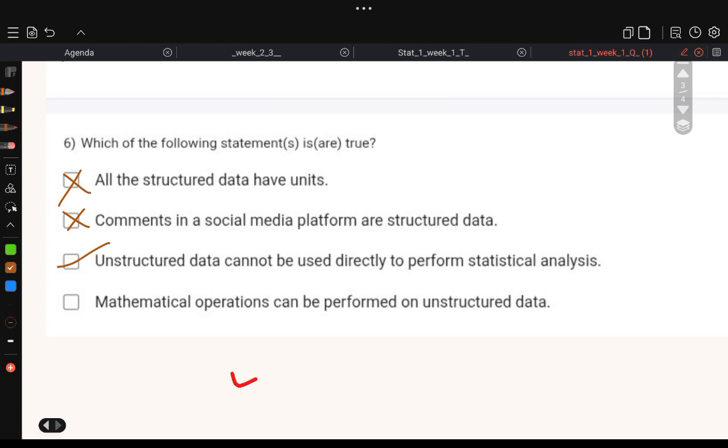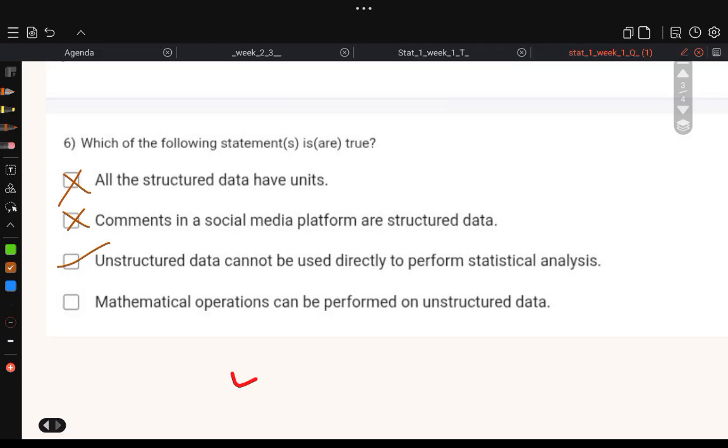See, unstructured data cannot be used for performing statistical analysis. It is correct, as we have to make the data structured first for doing any operations, right?